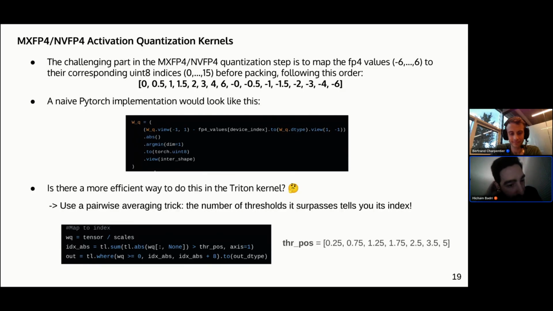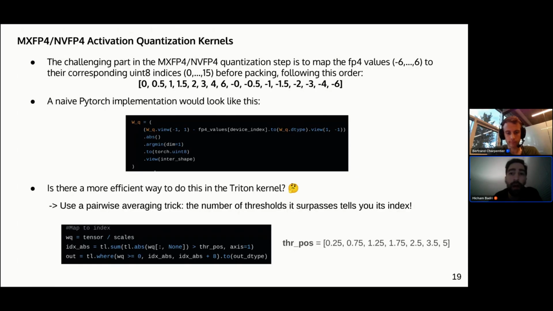But basically, the most efficient way that I found to do this is with the pairwise average. I think there's also a PTX instruction to do something like this, but I haven't played with it so far. I just did it in pure PyTorch. But I think there are some PTX instructions that help you do this.